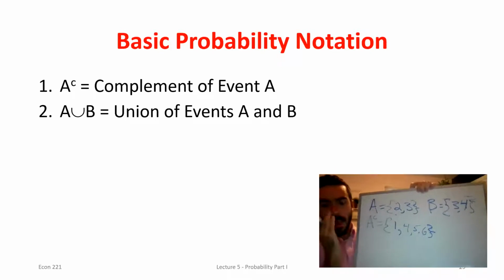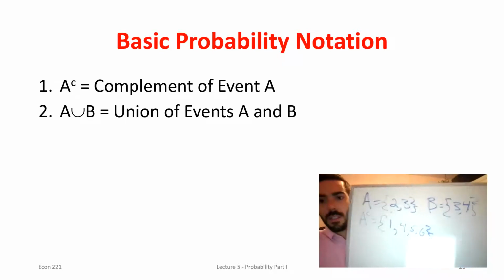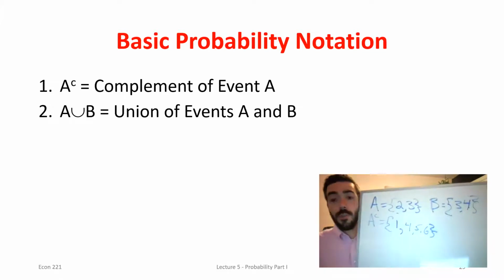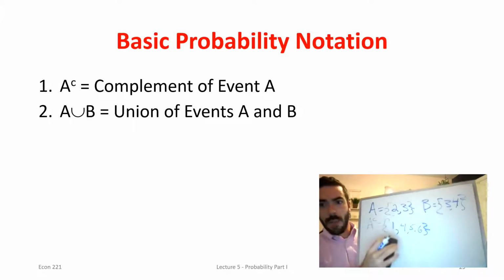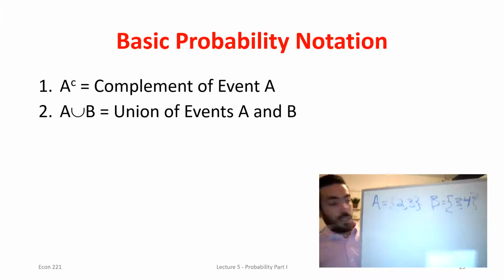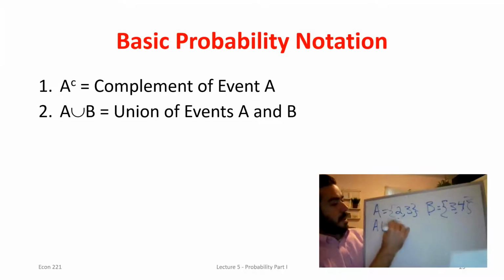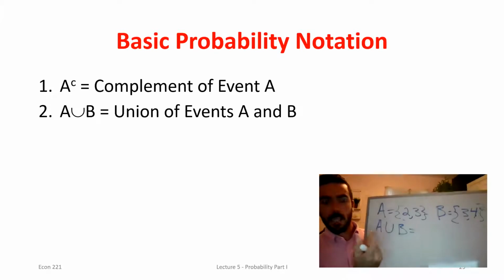All right? So if I'm interested in A union B, what that means is it's everything that's in A, but also it could be in B. So in either one of them, right? I'm going to erase the A complement, just give myself a little more room here. When I write that union, it's really a set sign.